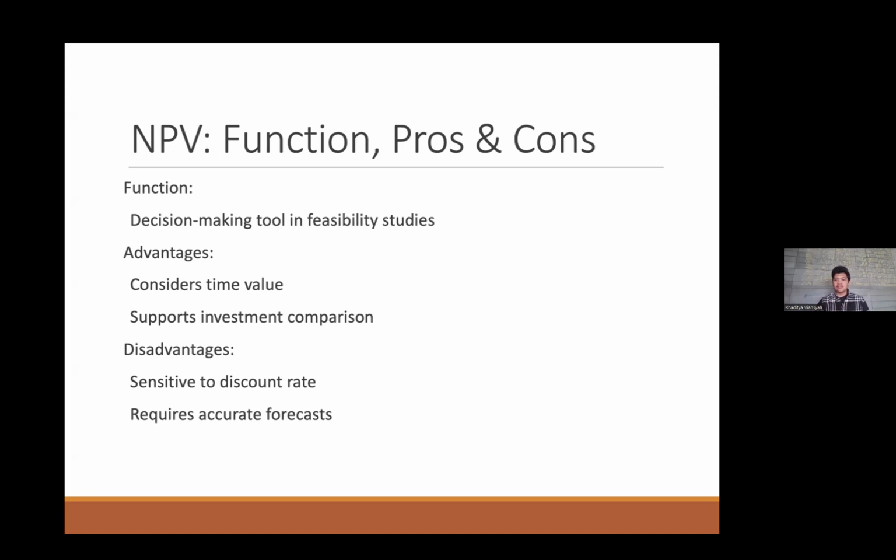It helps the project team make decisions, to know if the project is feasible enough to be done.